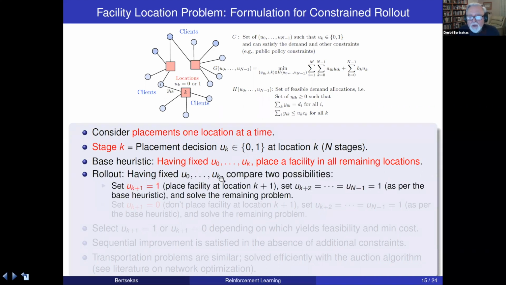having fixed u0 up to uk, there are two candidate trajectories to consider. One is where we set the next facility to 1 and all the remaining facilities to 1, according to this base heuristic.